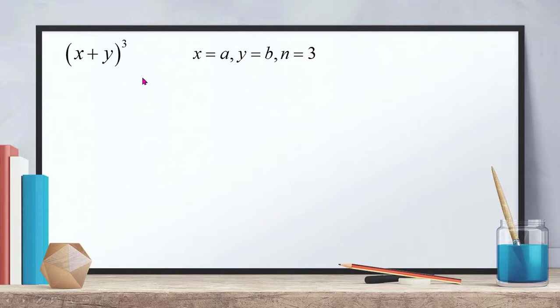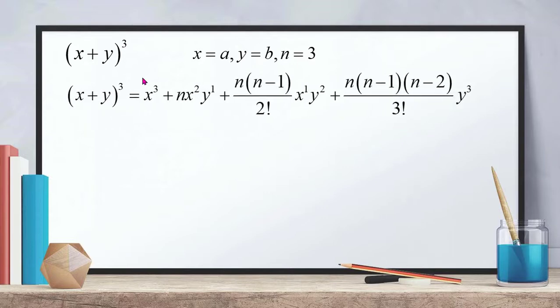And so in substituting into the binomial theorem, we're going to have x raised to the maximum power, which is 3, and then it will keep reducing. 3 minus 1 will give us x to the power 2, and then 2 minus 1 will give us x to the power 1, and so on.